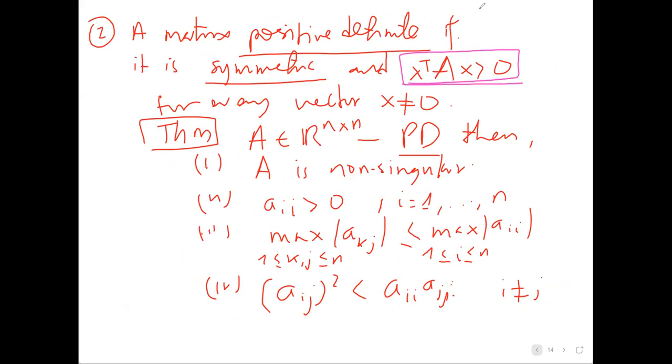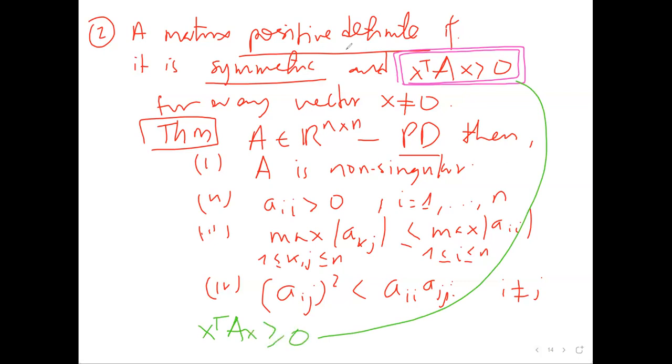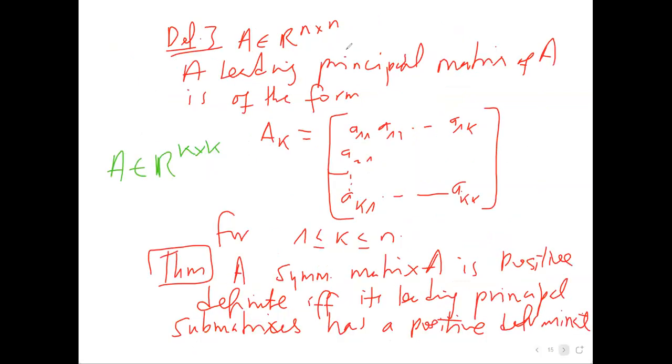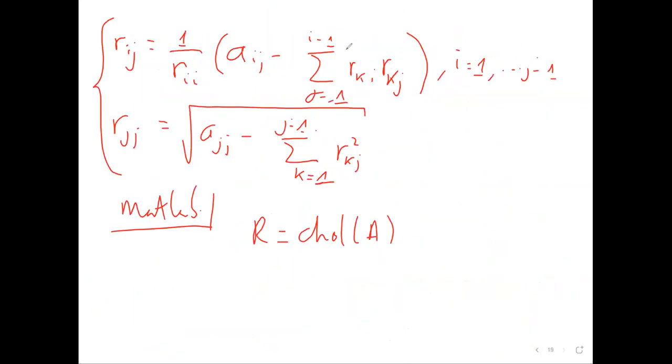This is for symmetric positive definites. If on the other hand, we have X transpose AX greater than or equal to 0, we call it semi-definite. So that's the little information that I skipped.